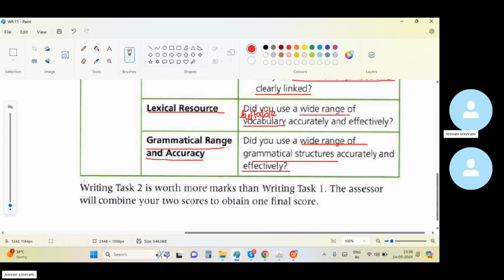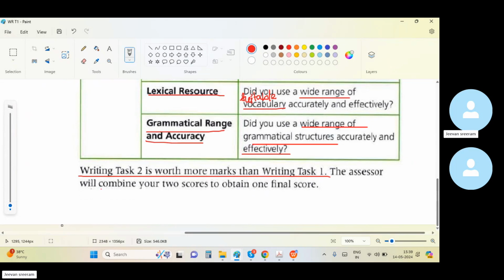Okay, and of course we have already discussed writing task 2, the structure and the necessary things that any student should know. Writing task 2 is worth more marks than writing task 1. The assessor will combine your two scores to obtain one final score.